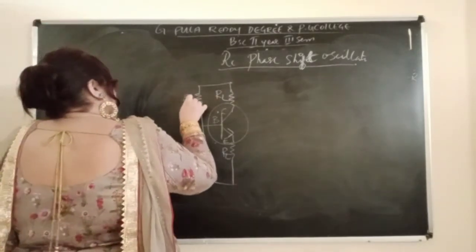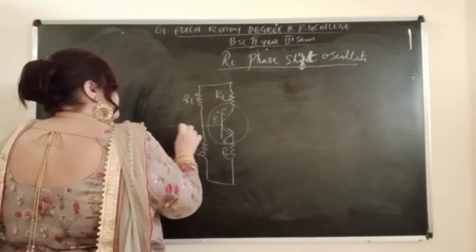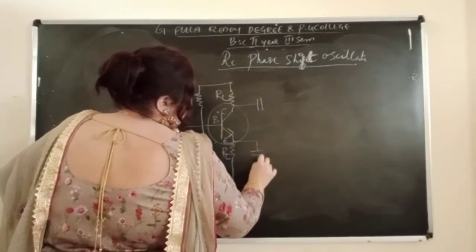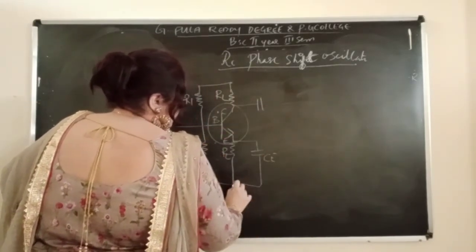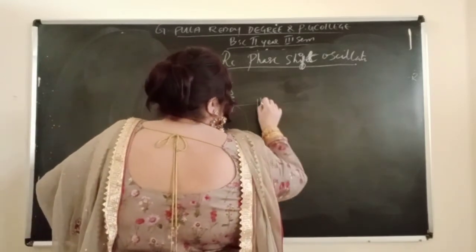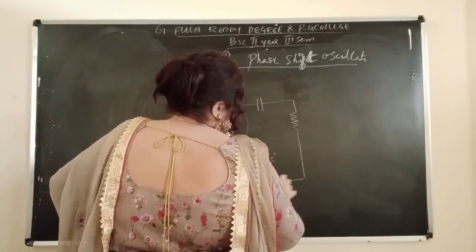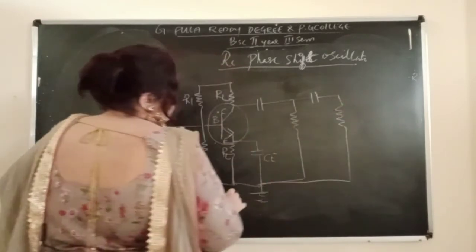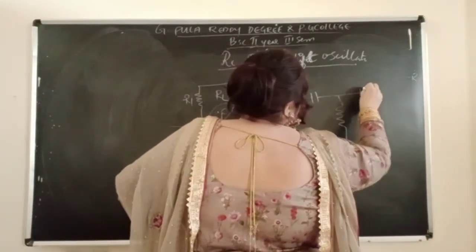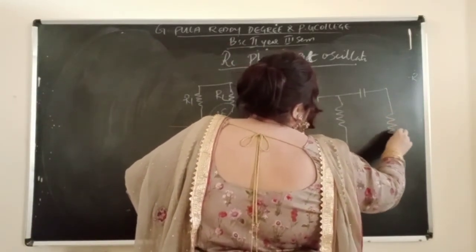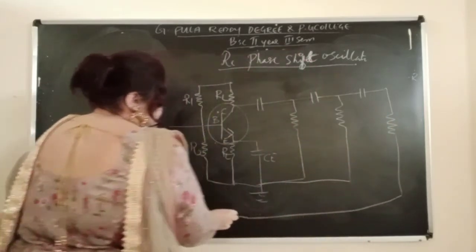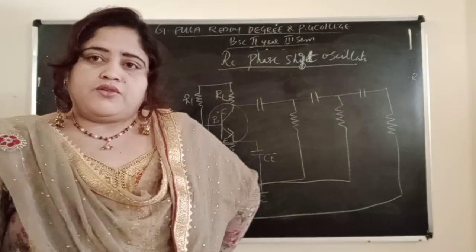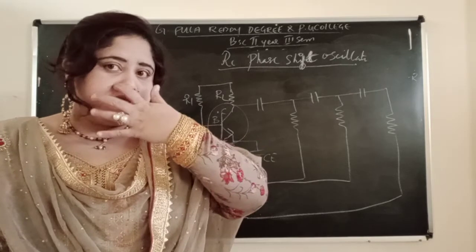Then R1, R2. Then you should start the feedback network. Before that you should draw one capacitor here, CE. Then mark the ground. Then capacitor, resistance, join it. Then capacitor, resistance, join it. Final capacitor and resistance, you make it like this. This resistor should come and join to the input, because it is feedback.